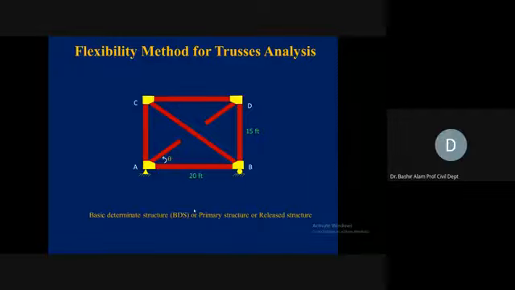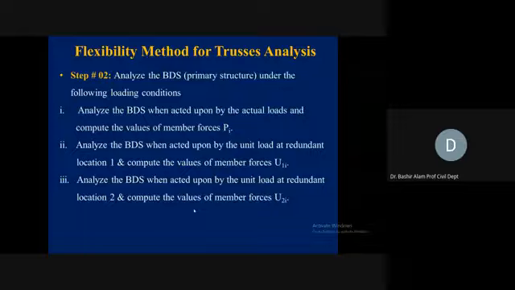The actual applied loads were at joint C. That gives you the P values in step 1. Then we analyze the basic determinate structure under U1, which means the unit load at redundant location 1. And then at redundant location 2, we analyze the basic determinate structure and get the U2 values.